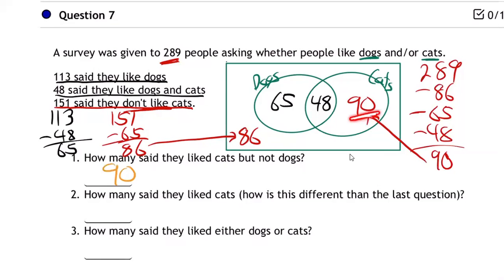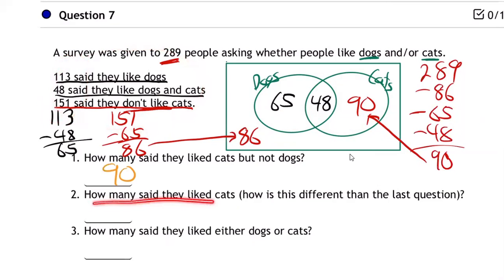That's right here. They're in the cat circle, but they're not in the dog circle. The 90. Cats, but not dogs. See how hard it would have been to figure that out by just looking at those words and those numbers and reading those words, right? The Venn diagram helped us see more clearly what these words were saying.